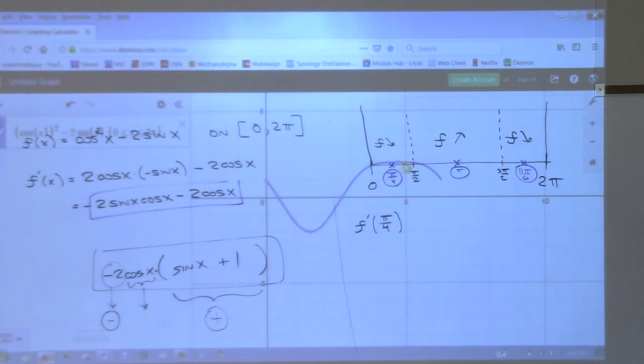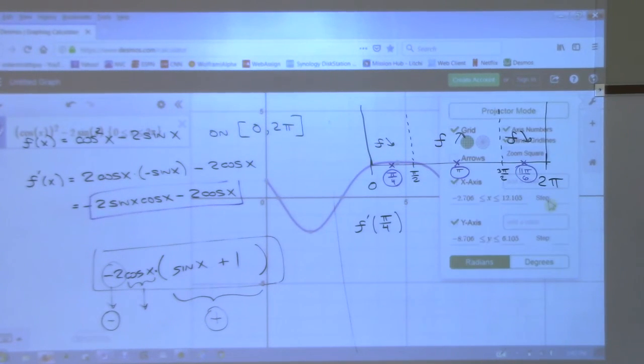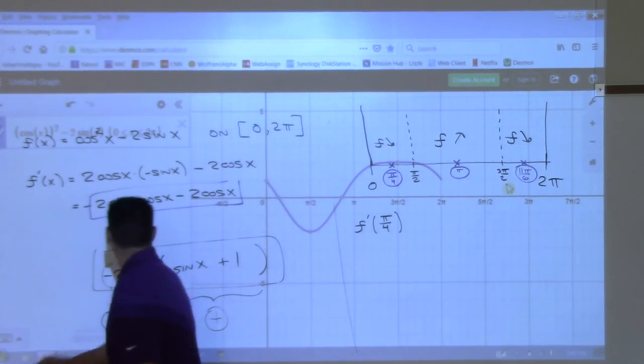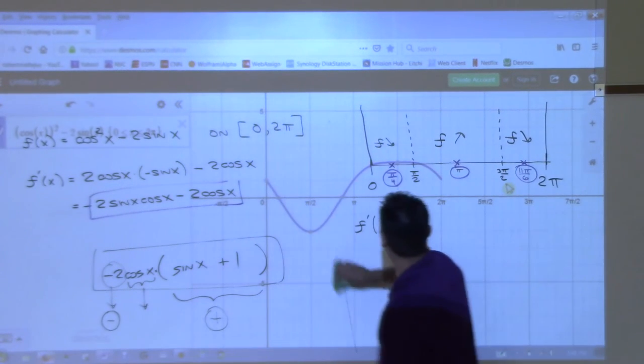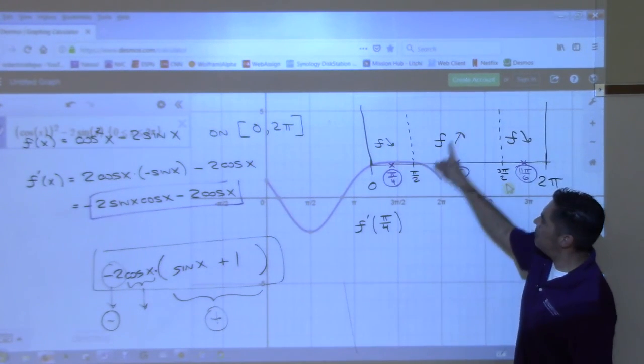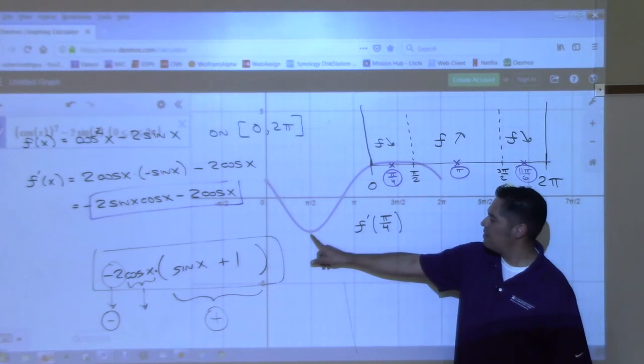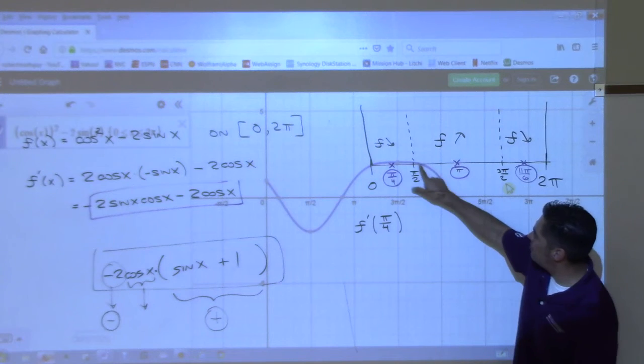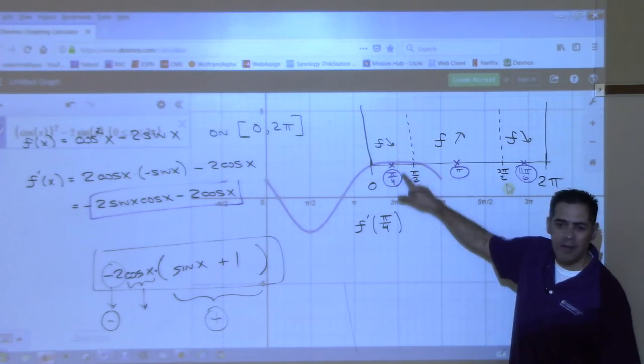There it is. There's the graph, just so you see it. We found that there was a minimum at pi over 2. You can see it. We found that there was a local maximum at 3 pi over 2. We found that right there.